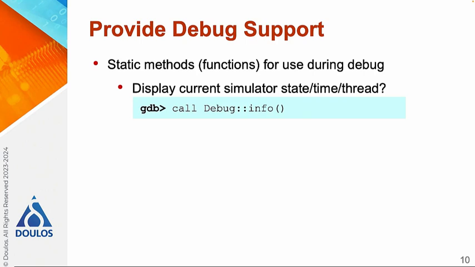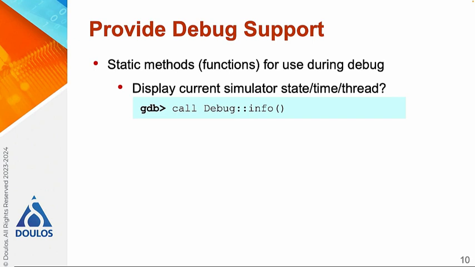All right. So first off, create some static functions for use during debug to display, for example, the current simulator state. Are we doing an elaboration, or are we running? Hopefully most of the time we're running. What's the current SystemC time? And for that matter, if you're doing the temporal decoupling, what's the decoupled time? And what's the thread we're in, or the method we're in, right? Do something like that.